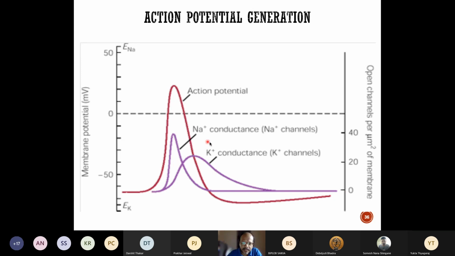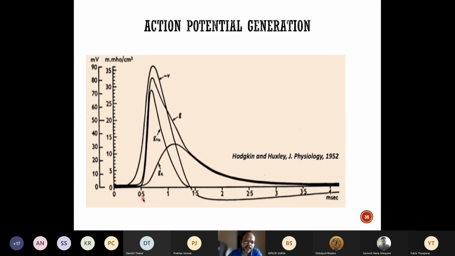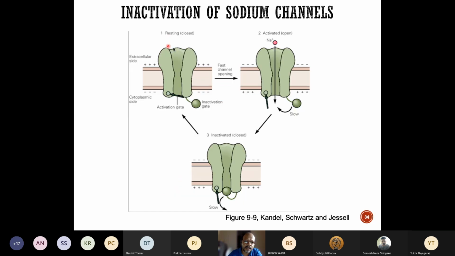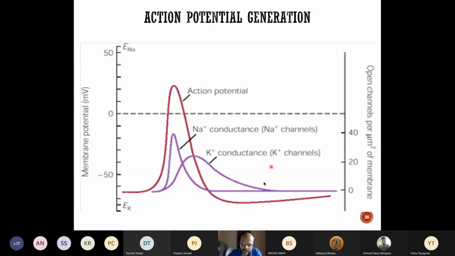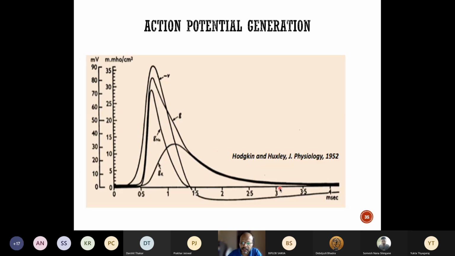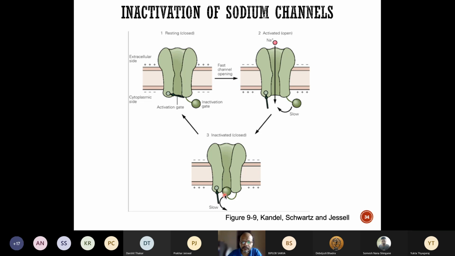Turns out that at this stage, you might think you're pretty much in the same boat as here before the action potential, but that's not the case, because the voltage gated sodium channels here are in this resting state, but the same channels here are in this inactive state. And until this ball comes out, you won't get back to this state. And this ball takes a while to come out.